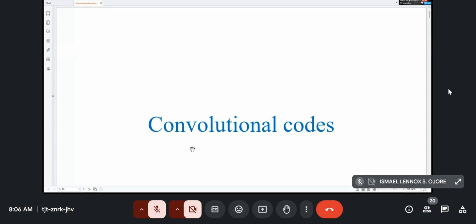Although the code word here is just an interleaving of the message bits and the error checking bits.